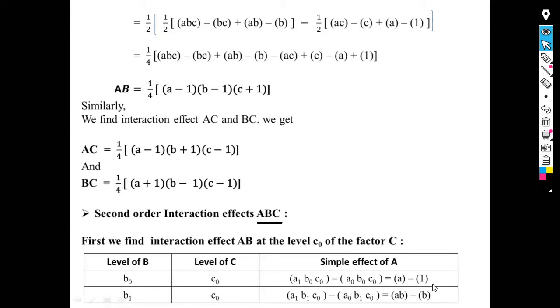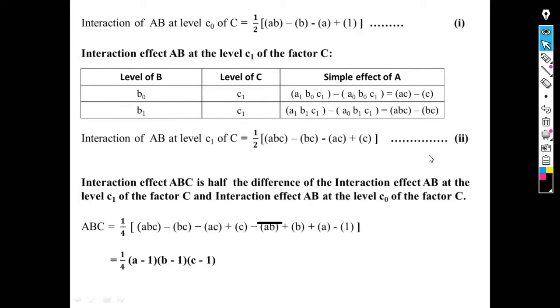We get A minus 1, that is, treatment mean A minus treatment mean 1. Then the second is B1 and C0. So we get the simple effect of A as A1 B1 C0 minus A0 B1 C0, and it is AB minus B.